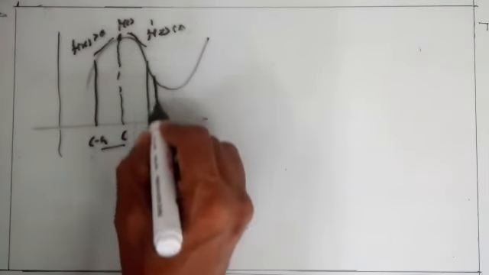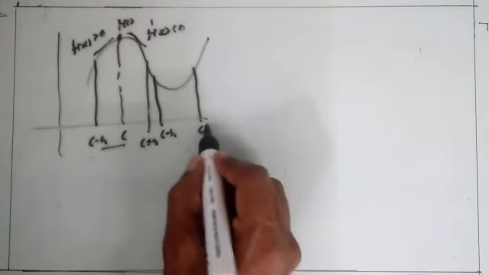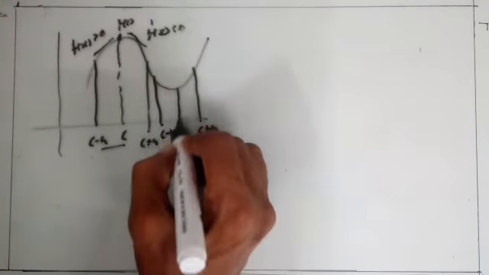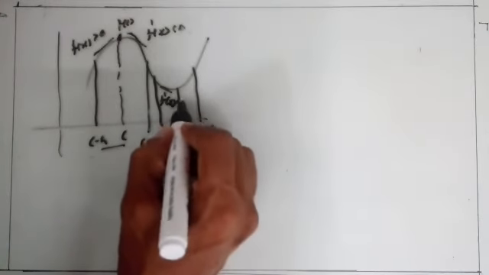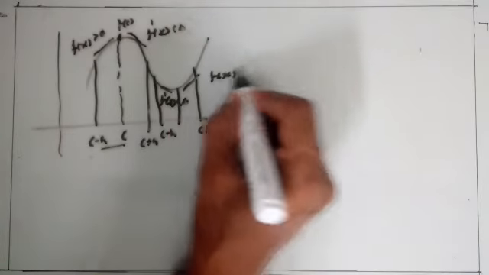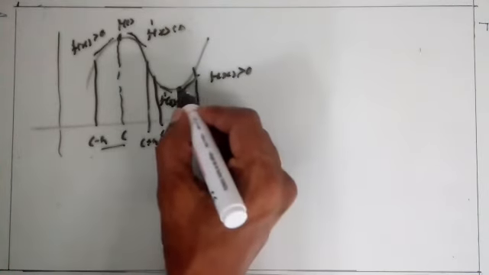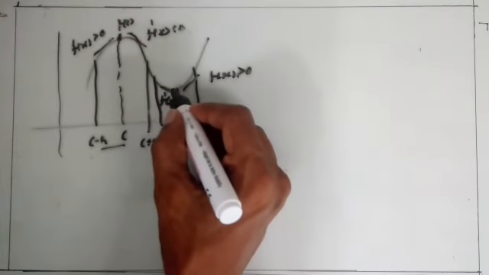Similarly, in this interval C minus h to C plus h, here f dash x less than 0, here f dash x greater than 0, that is as x increases, the function decreases.